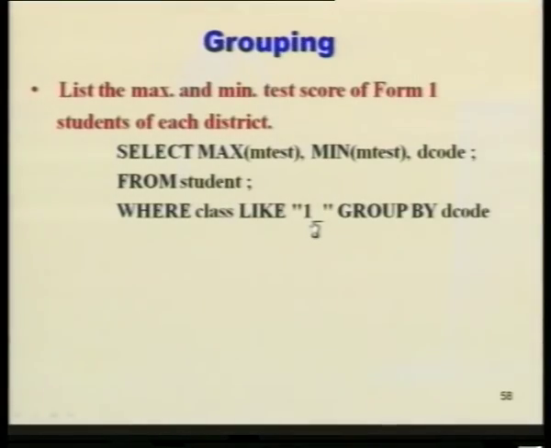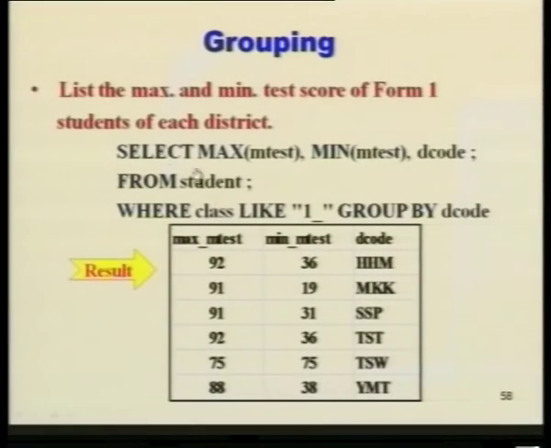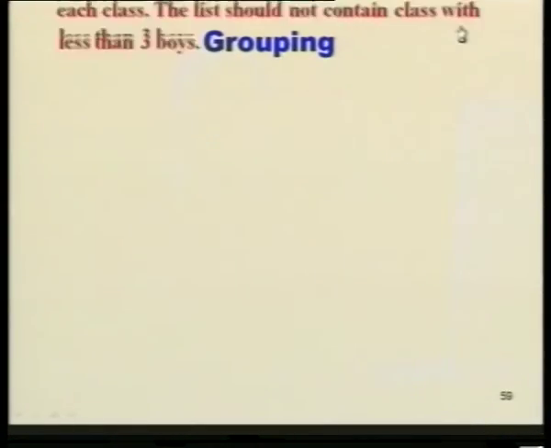So, 1A, 1B, 1C, it could be anything. So, here I am putting an underscore. Remember, this says 1 character, group by decode. So, this part gives me maximum, minimum, this is the test score, and then form 1 is indicated by this, and I am grouping it by district code by this. So, this will be my example, maximum, minimum and the decode.